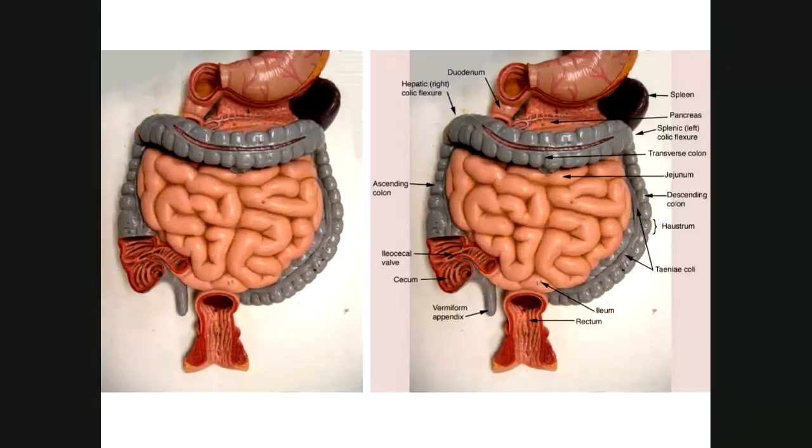So that's what the small intestine looks like. Again, remember that at the ends of the small intestine, there's two sphincters. We have this one up here, that's the pyloric. And then we have another one down here, which is called the ileocecal valve.